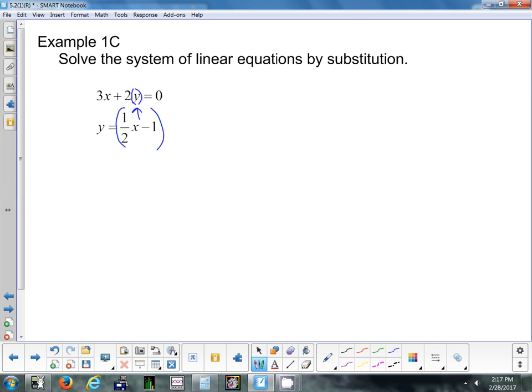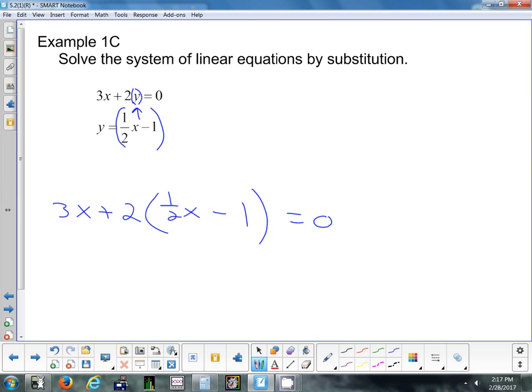Okay. Now, who can tell me what it will look like once I do what it says right there? Yep, Nini? Equals 0. So we took everything that was in the bottom, 1/2 x minus 1, and we put it in right where the arrow says to for y.